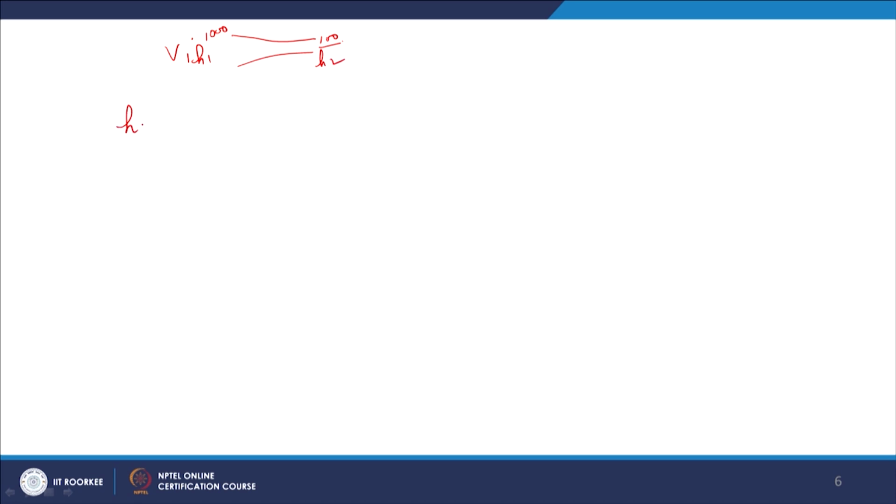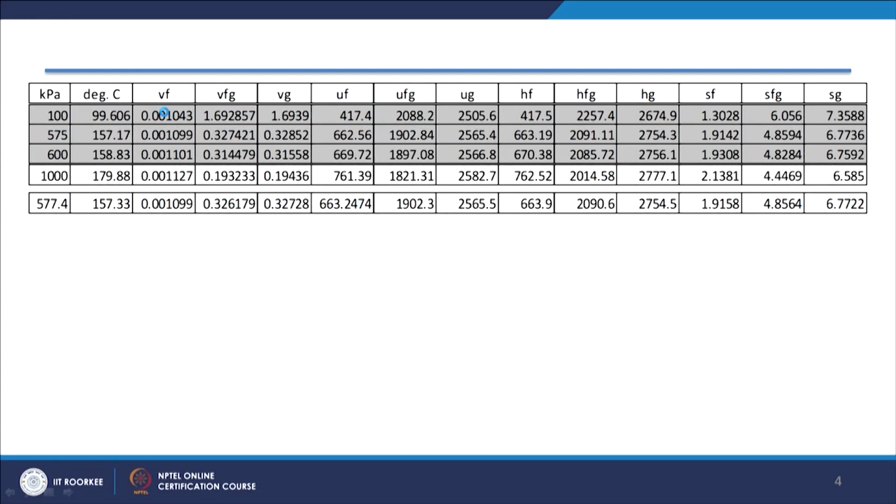So, H1 is saturated steam at 1000 kilopascal, and that is 2777.1, right? And because we do not know the quality at the exit and quality at the throat as well, first of all we will try to find the quality at the exit.